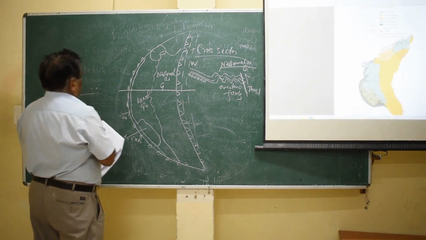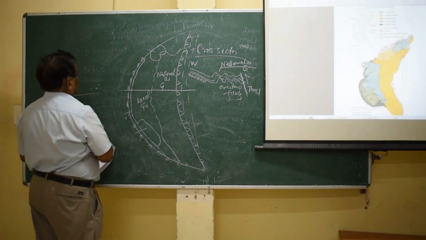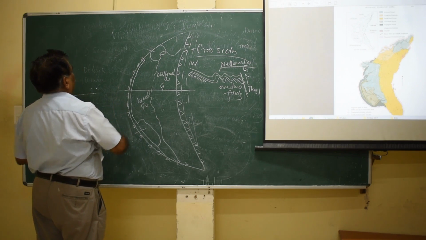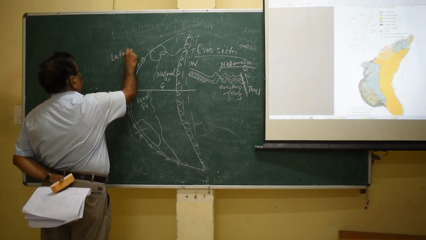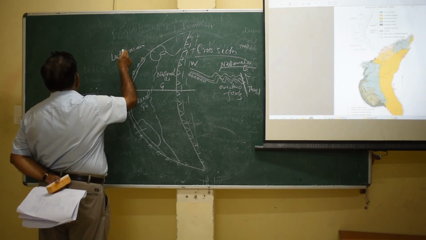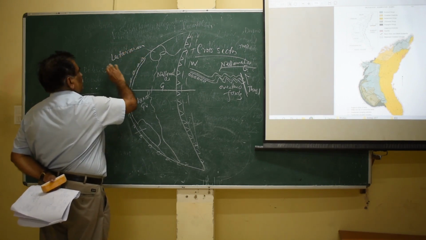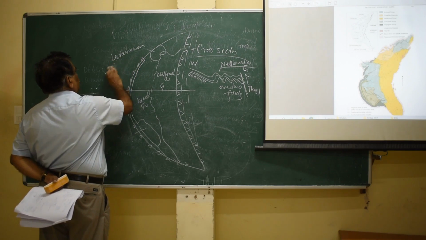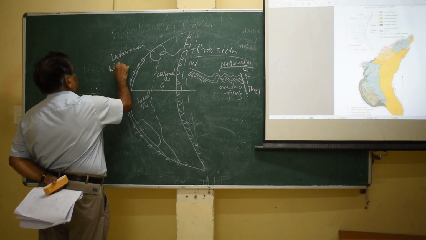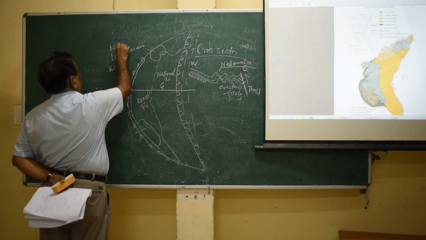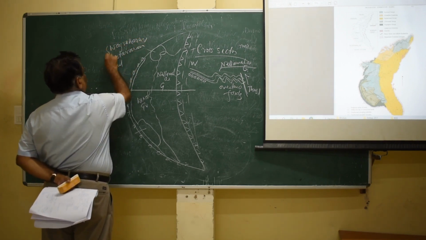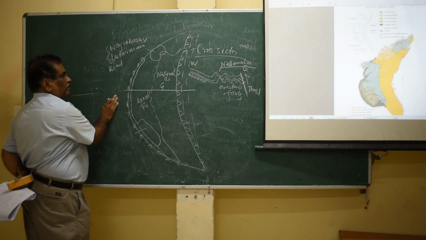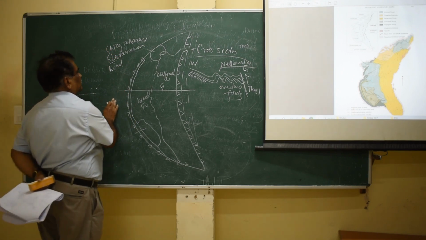Now this part, the western side, you must have heard the name of Latavaram, Vajrakarur. In the craton, these pipes are in the craton.